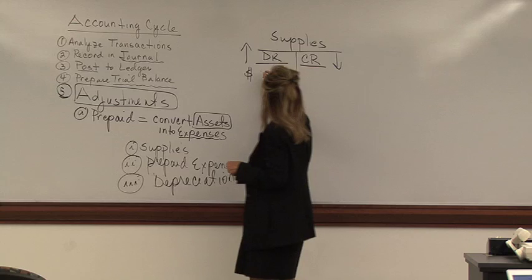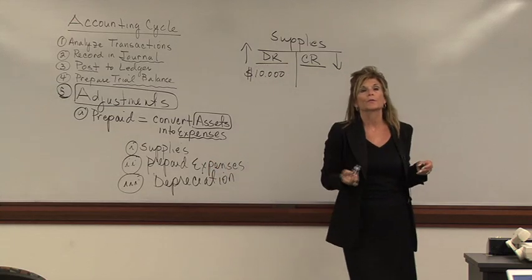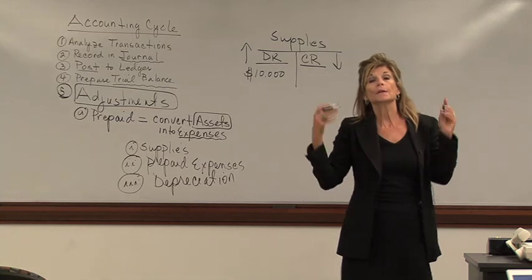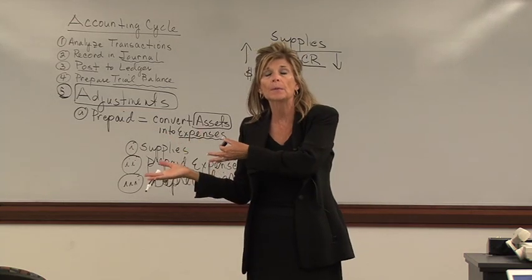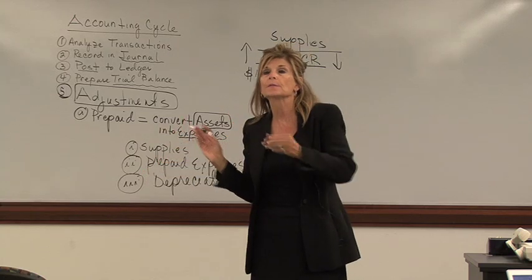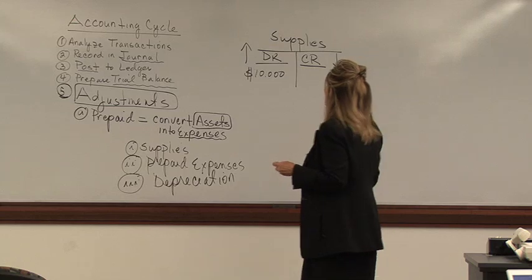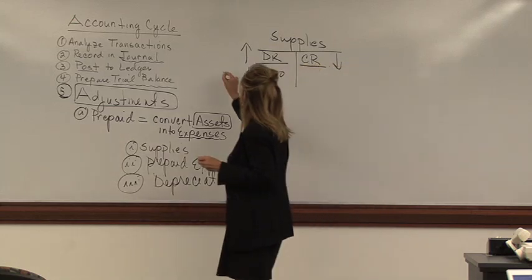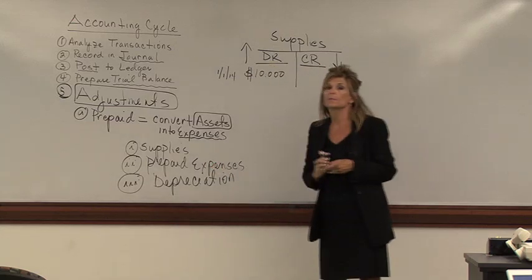So let's pretend we acquired $10,000 worth of markers. You're going to debit supplies initially, and you'll credit either cash if you paid for it immediately, or accounts payable if you're going to pay for it in the future. Time passes. So let's pretend we purchased these supplies on January 1st, 2014.